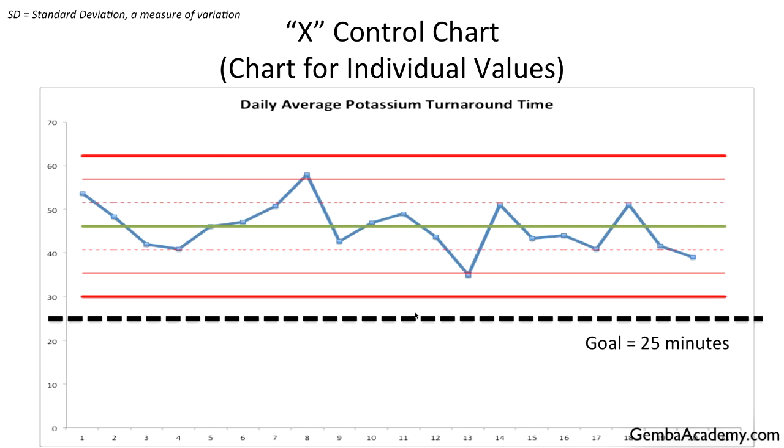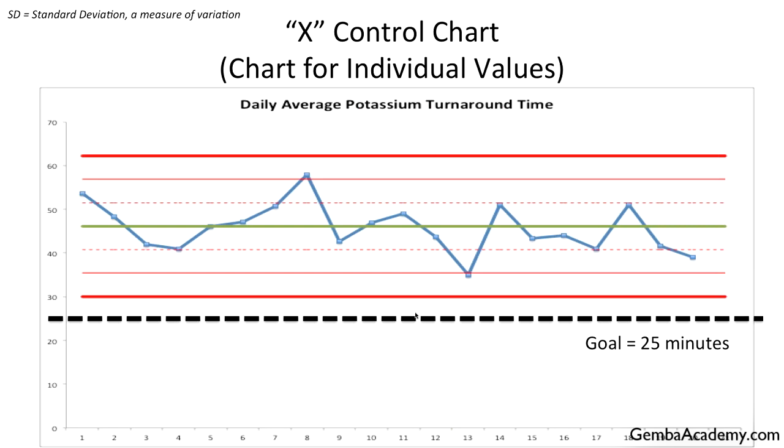Now the other thing, not drawn here, and I tend to not draw goals or targets on a control chart, because it confuses two things. The goal might be arbitrary, or it might be the voice of the customer saying, we would like an average turnaround time of 25 minutes.